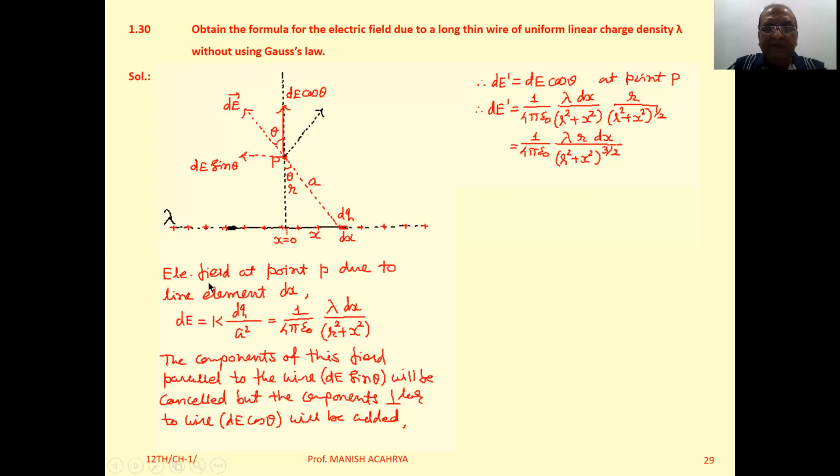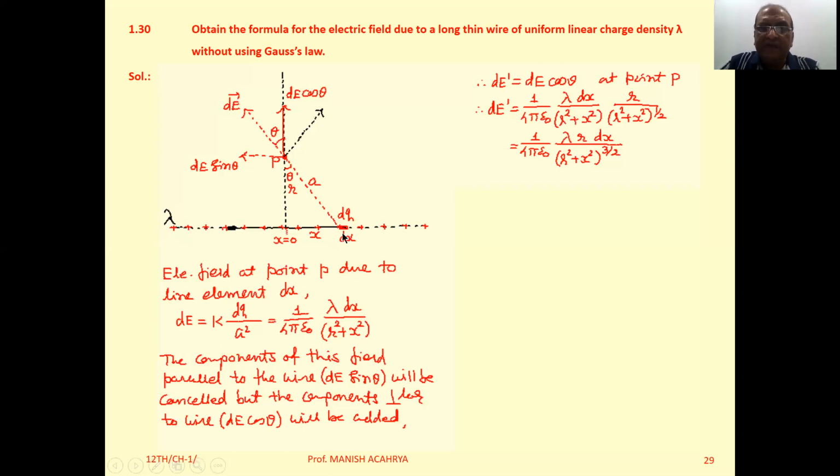Now see, first we consider here infinitesimal small line element having length equal to dx, on which charge residing, that is dq. And with respect to this particular element, suppose point P is at a distance a and this element is at a distance x from the origin.